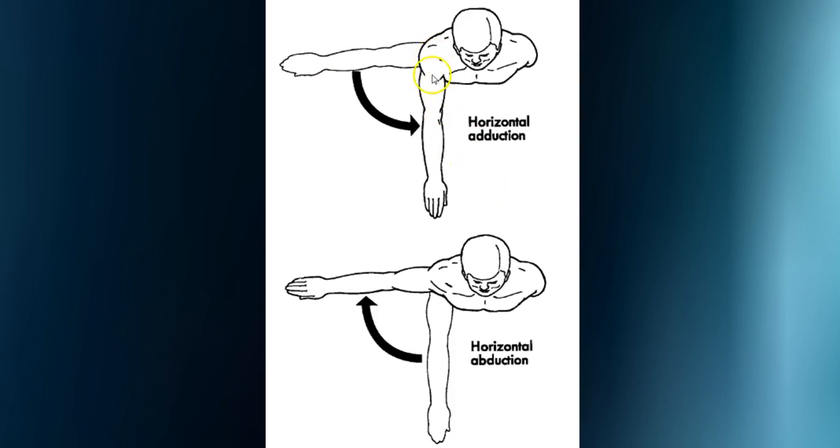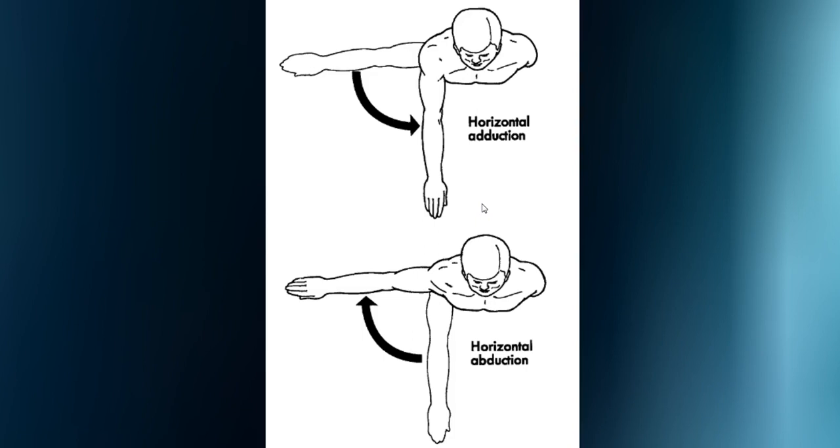So this person has their arm flexed out in front at about 90 degrees of flexion, and then in the picture that you're seeing at the bottom here, they're then rotating that arm, or abducting that arm, away from the midline, but it's in a horizontal sense, and that's known as horizontal abduction. And when they pull it back across their body in that horizontal plane, then that's known as horizontal adduction.